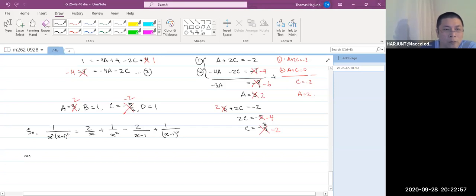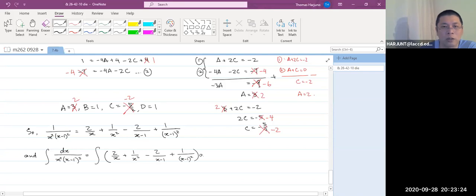And therefore, the integral of dx over x squared (x minus 1) squared equals the integral of 2 over x plus 1 over x squared minus 2 over x minus 1 plus 1 over (x minus 1) squared dx.